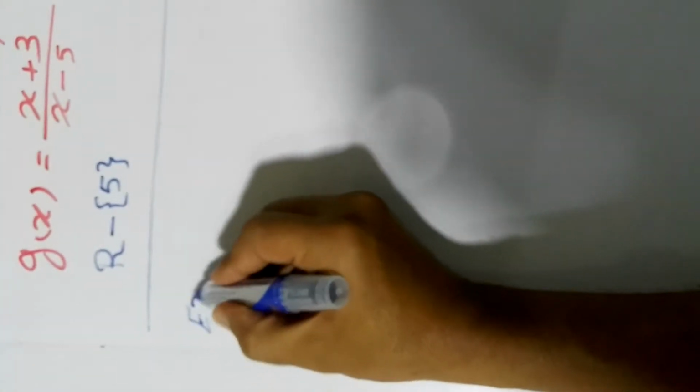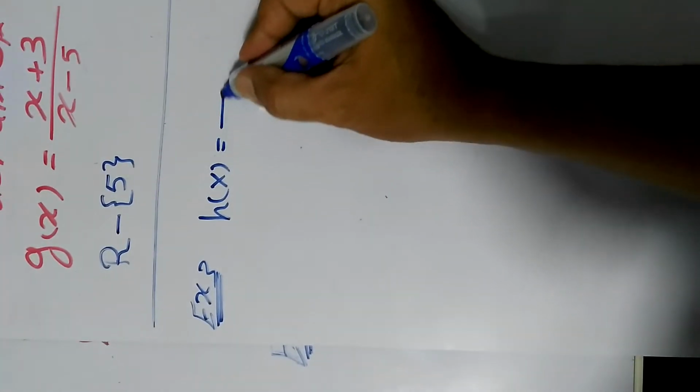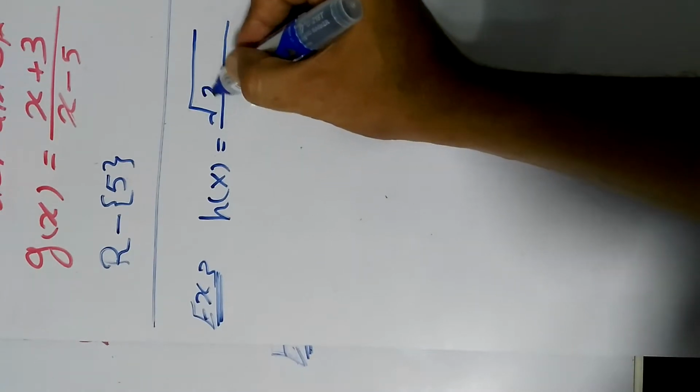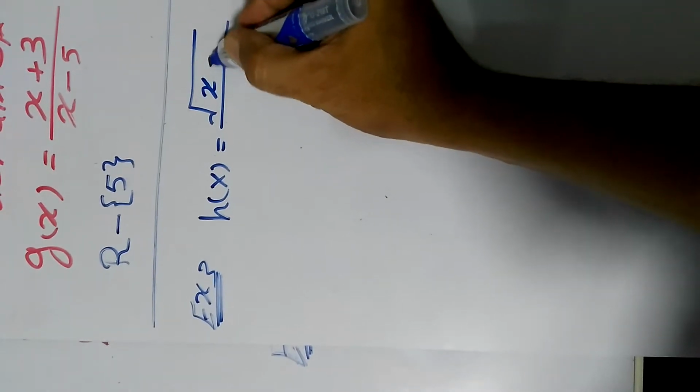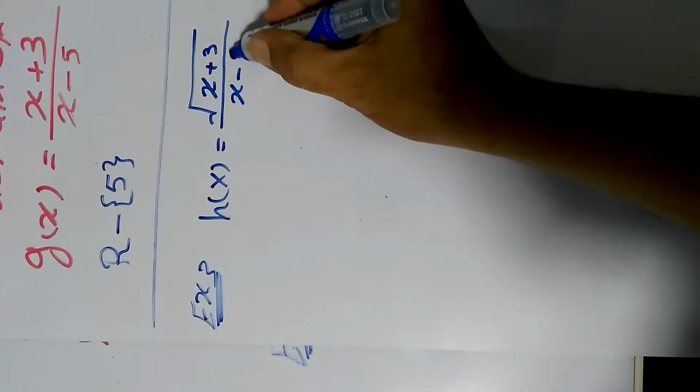Example 3. Find the domain of the function h of x equals square root of x plus 3 over x minus 2. Solution.